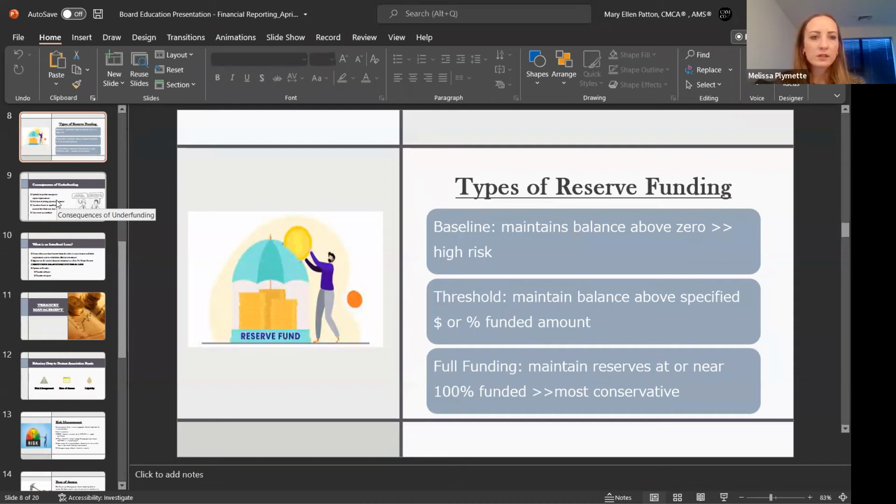This is where you set a targeted amount that you want to try to reach to be funding towards your reserves. And then the last scenario is full funding, which is the most conservative approach, and targets to be able to fully fund the replacement of your common area elements. Most associations consider full funding a goal and probably aren't going to hit that. They set a target for what they think is realistic and practical for their association, and that's what they strive for. Next slide.